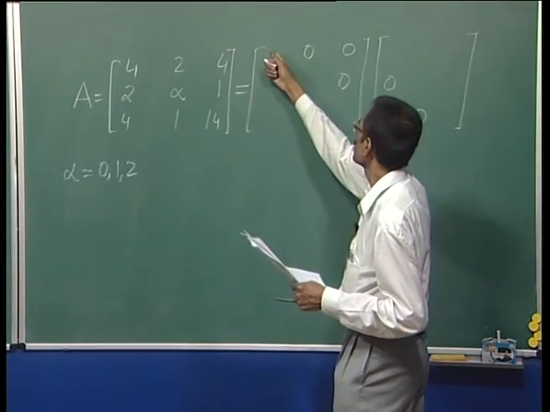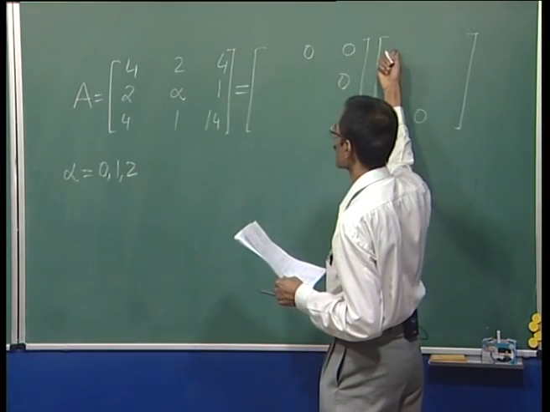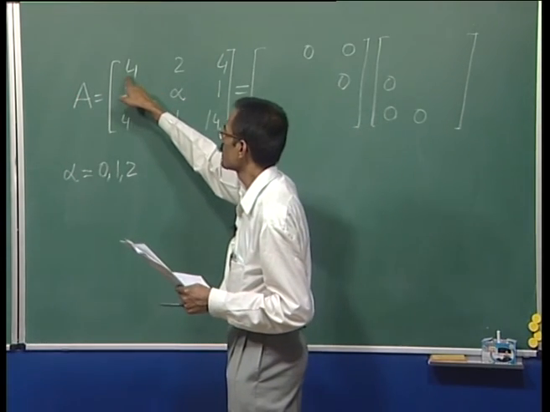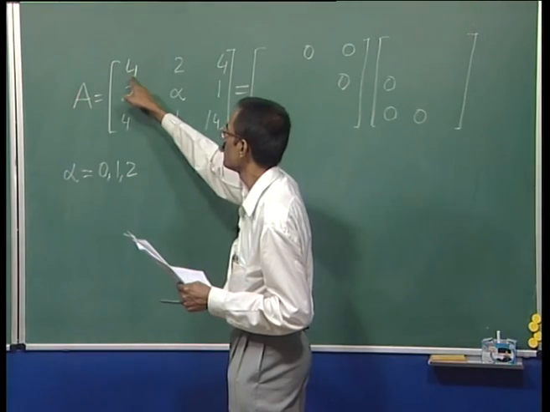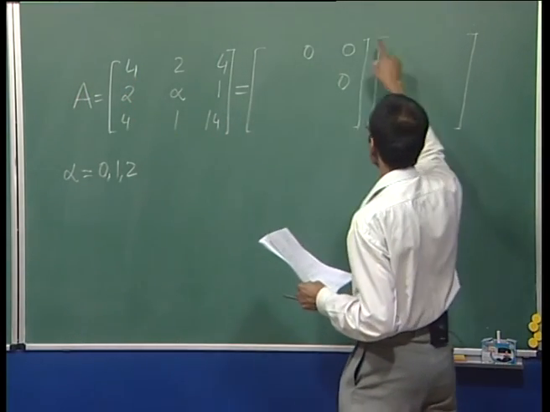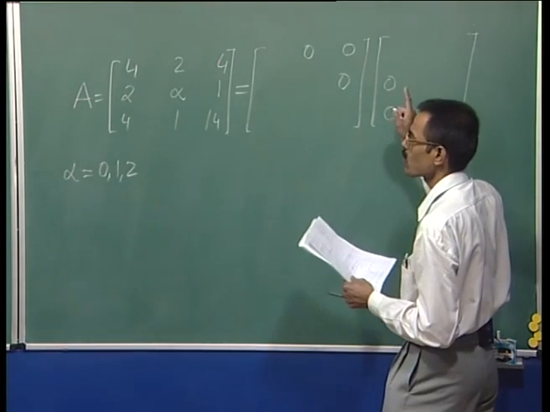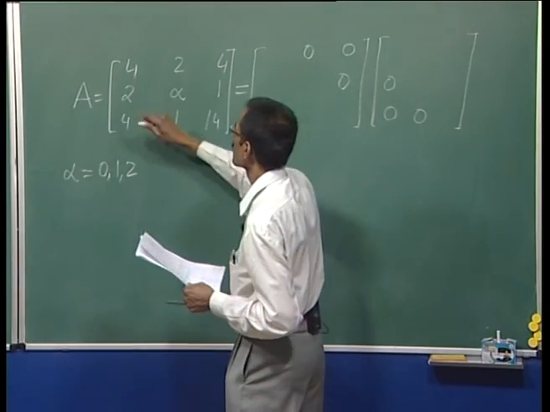First, what should this value L11 be, which also sits here because this is just the transpose of this? To find it, we equate the A11 entry on both sides. So, 4 is equal to L11 into L11 plus 0 plus 0. That means L11 squared is 4. So, what is L11? We take the positive entry.